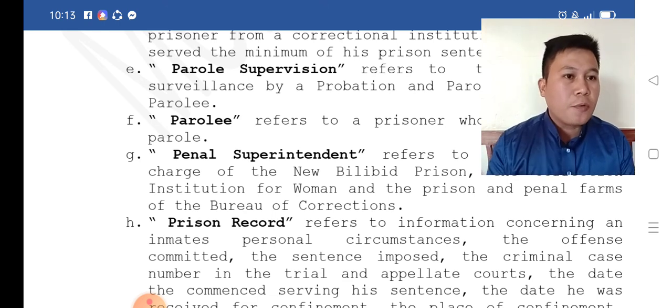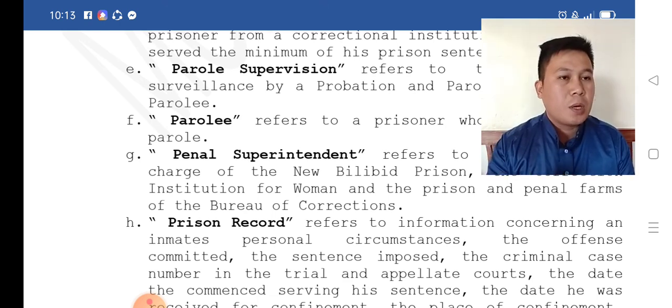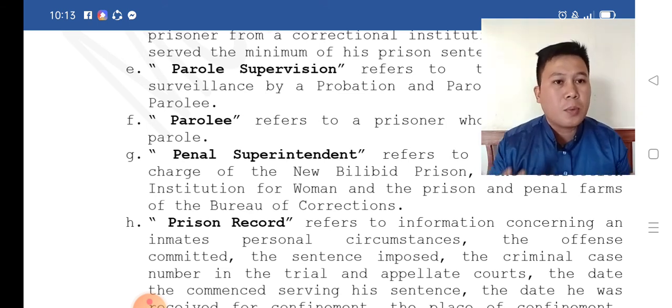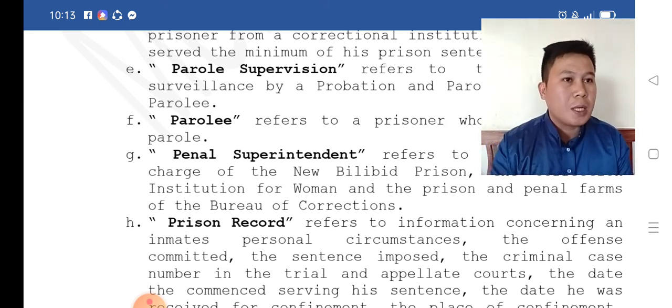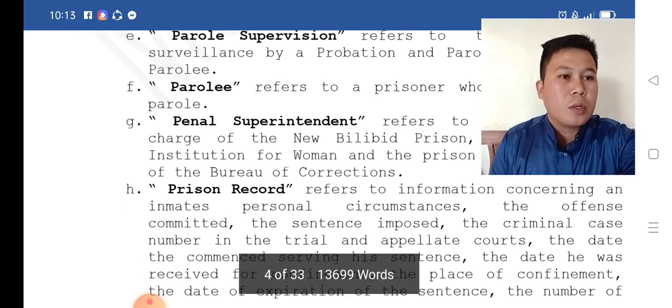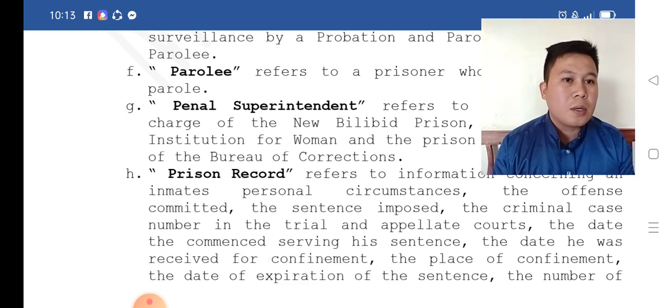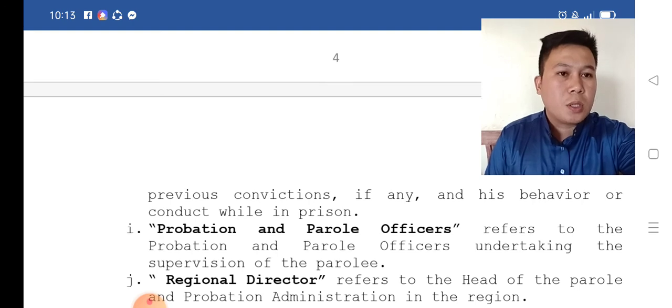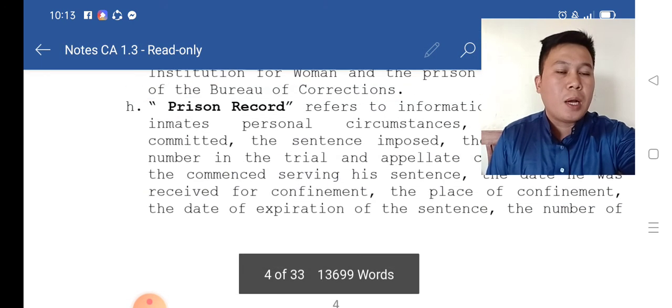Okay, we have prison record. Okay, refers to information concerning an inmate's personal circumstances. Personal circumstances, lahat ng problema niya sa buhay niya sa loob. The offense committed, the sentence imposed, the criminal case number in the trial and appellate courts, the date he commenced serving his sentence, the date he was received for confinement, the place of confinement, the date of expiration of the sentence, the number of previous convictions if any, and his behavior or conduct while in prison.